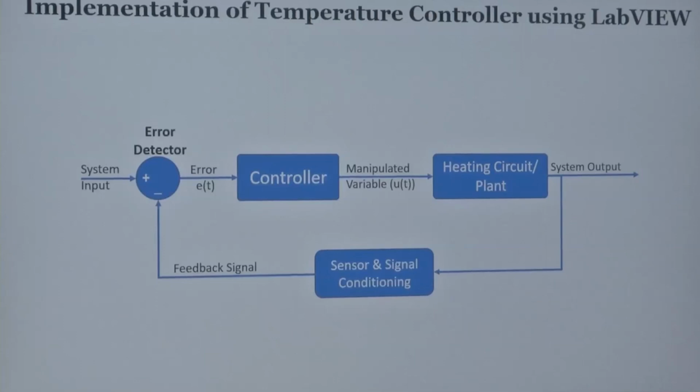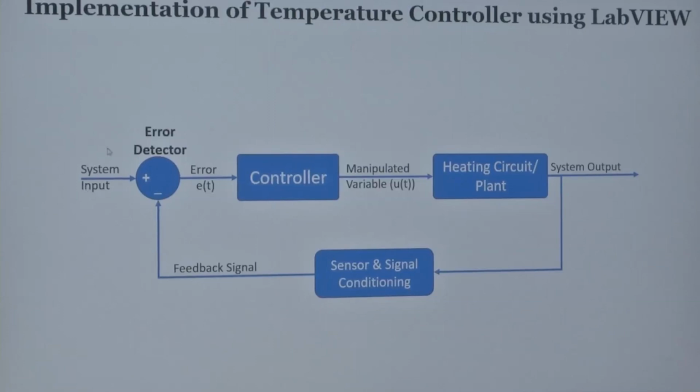Since we are realizing this using an electronic unit, we also require a sensor. So, we will be using an LM35 sensor, which will be stuck on top of the plant and senses the temperature.